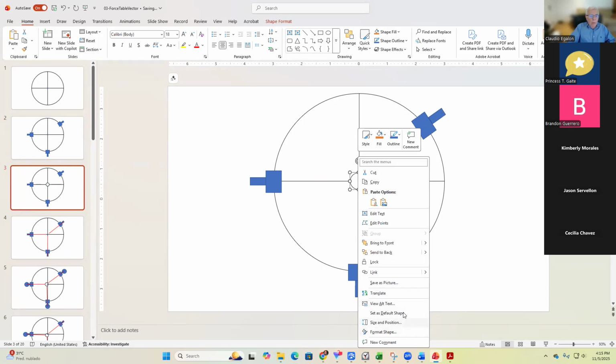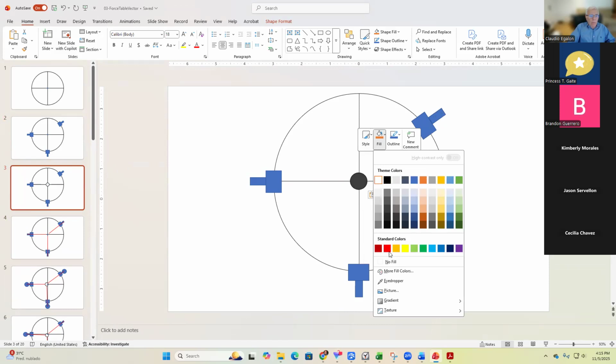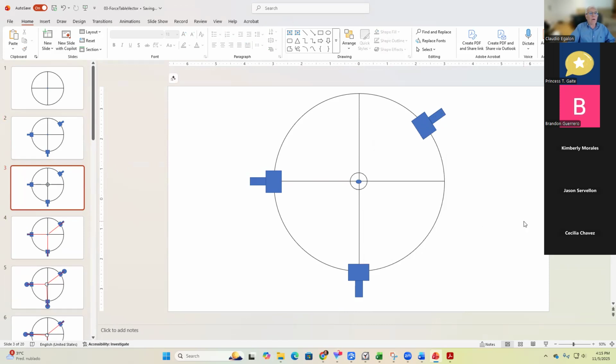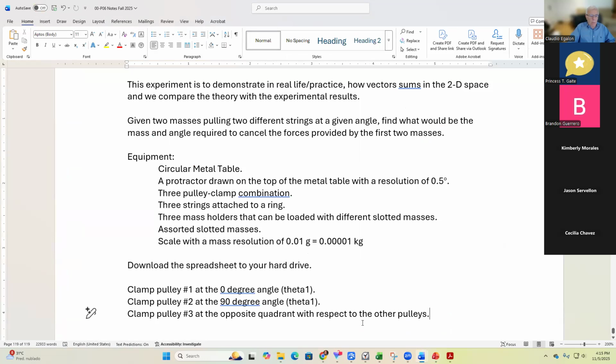What you have here at the center of the table is a pin to ensure that the ring doesn't slide off from the table completely.